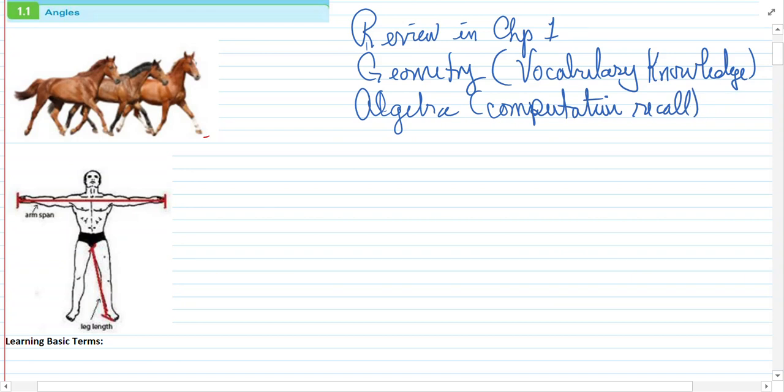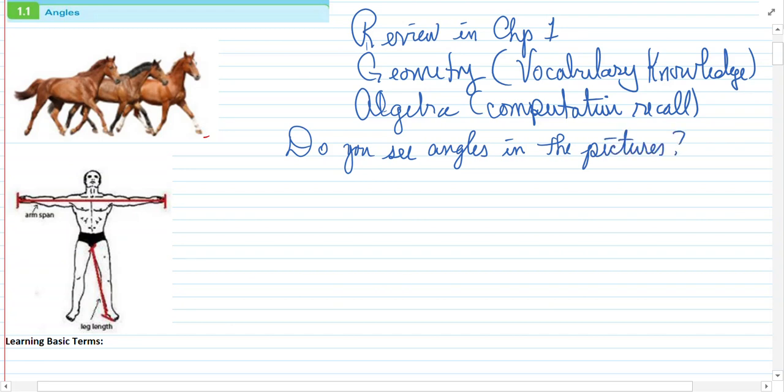And our first idea is, do you see angles in the pictures? And of course, you should say, yeah, kinda, sorta. Well, we see this angle here, this angle here.